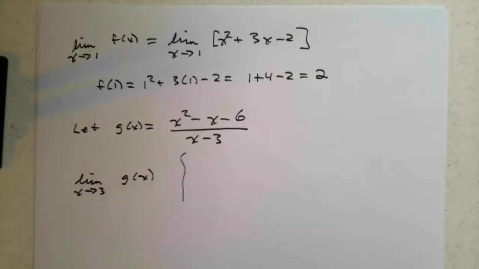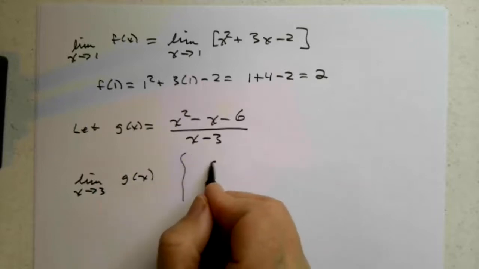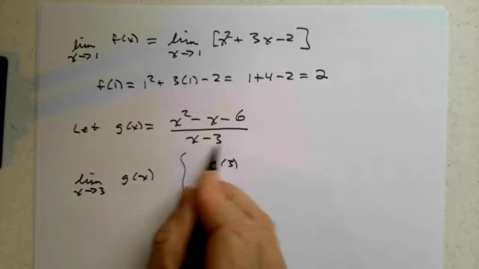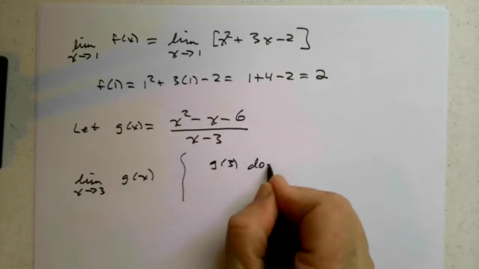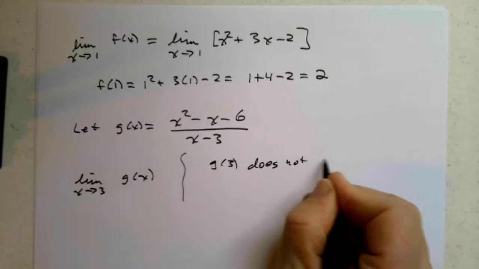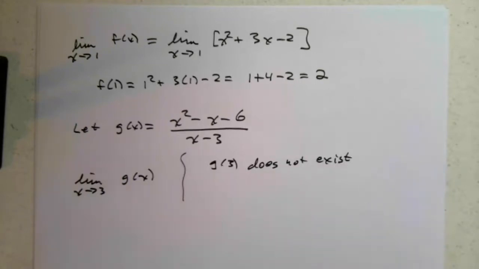Now, before we do this, remember what happens near 3 is what we're interested in. What's happening near 3? Well, at 3, g of 3 would make the bottom 3 minus 3, put a 0 downstairs. So g of 3 does not exist. So I can't just plug in the value and see what I get for that. There is no value for g of 3.